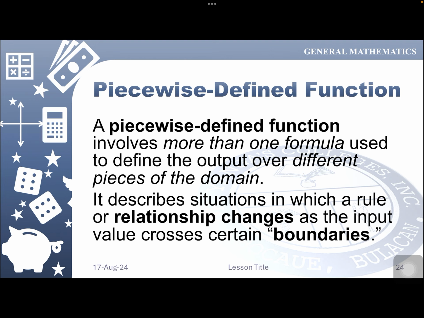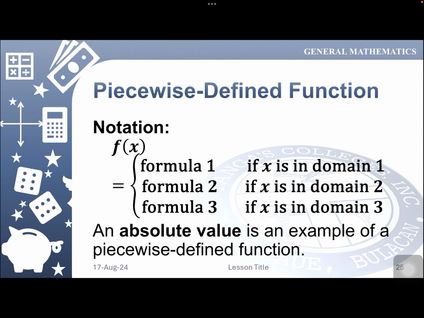For a piecewise defined function, according to the definition, it has more than one formula or equation. These formulas are constrained into different pieces of the domain, meaning it has different intervals and different boundaries. It describes situations in which a rule or relationship changes as the input value crosses certain boundaries.